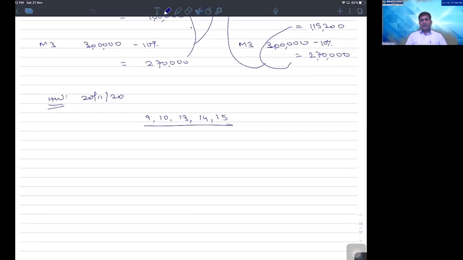If scrap value is not given, the scrap value becomes 0, no? So Yash, what was your estimated total production? Where did you get this 250,000 from, brother? Yash, from where did you get this 250,000? 25 lakh is the cost of the asset, not the actual output, the estimated output. Did you read the question properly?